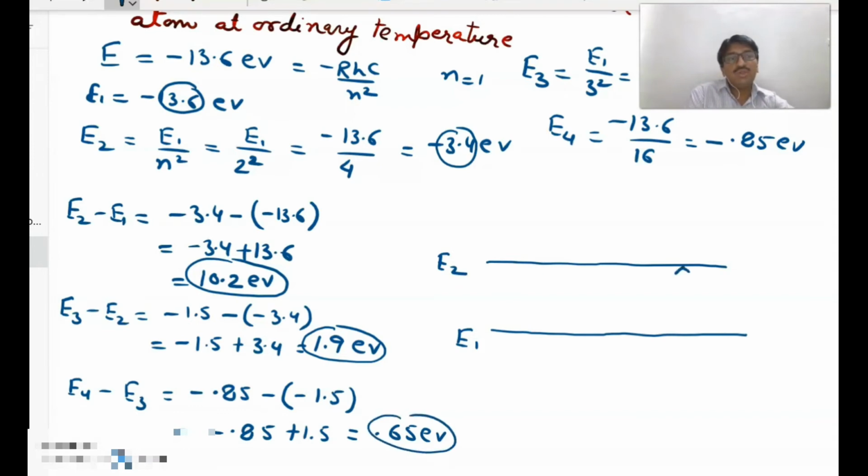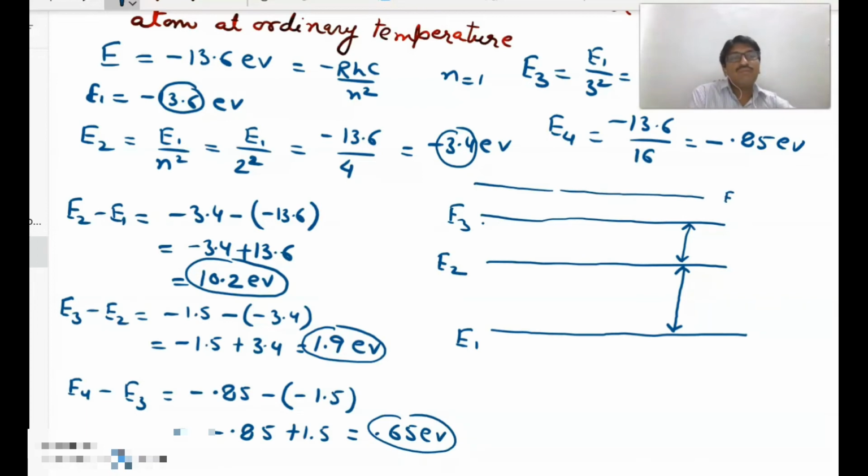So this is the separation between E2 and E1, and in the E3 level it is decreased. Separation between E3 and E2 is less than E1 and E2. And in case of the fourth level, E4, this separation is less than this separation.